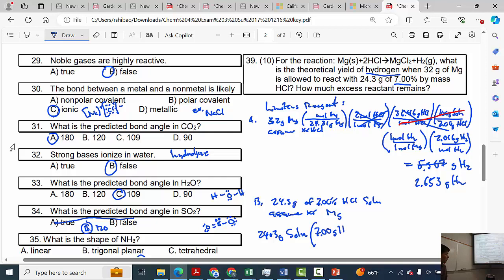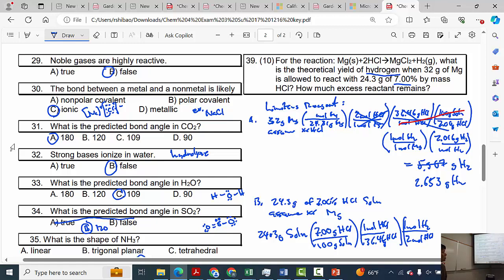So 24.3 grams of solution. In this solution, there are 7.00 grams of pure HCl per 100 grams of solution. One mole of HCl weighs 36.46 grams.